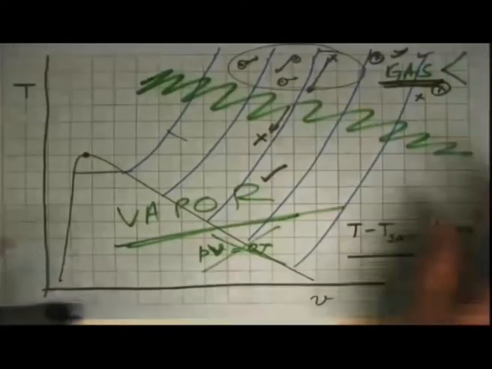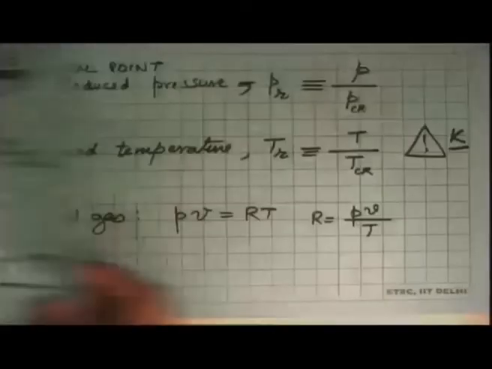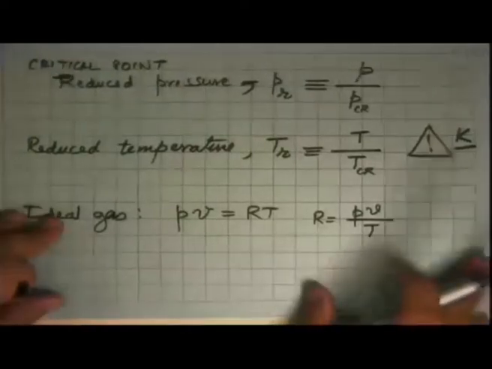So physically, this is what happens here. This does not happen in this part of the property regime. So what we do as a first case is we say that if we are far away from this, way away, like in the case of nitrogen.